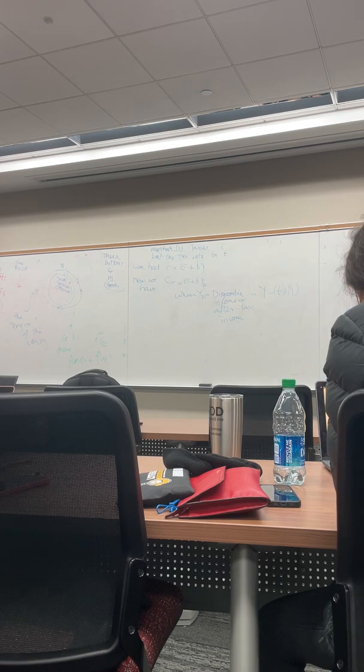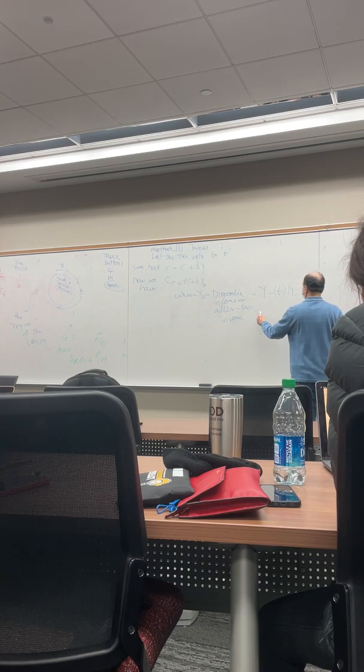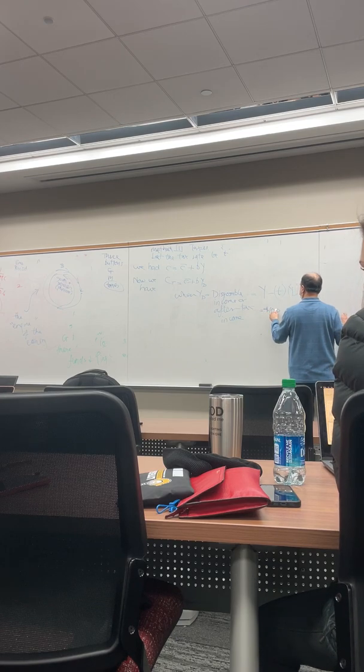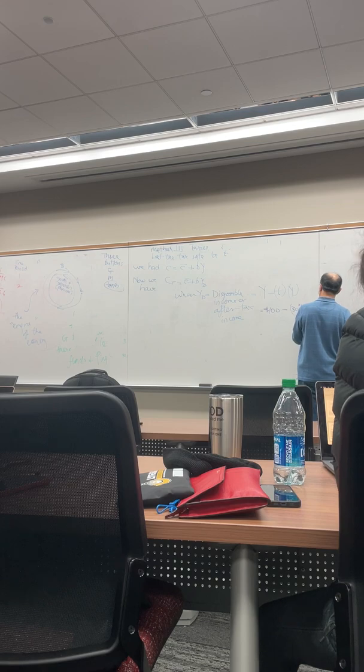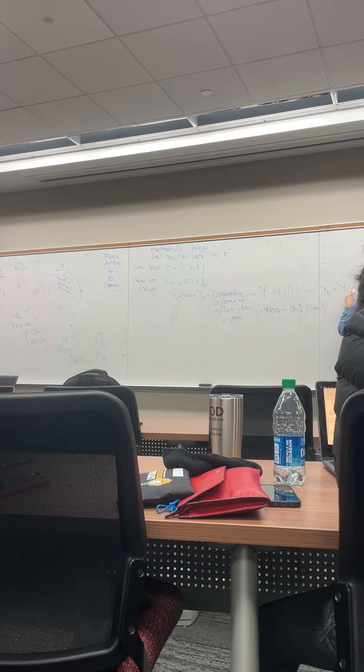So tax rates are 30%, and so it's 100 minus 30% of 100. As simple as that. In other words, YD is Y times 1 minus T. That's your disposable income or after tax income. Is that capital Y minus lowercase T times Y? Yeah, the same thing.